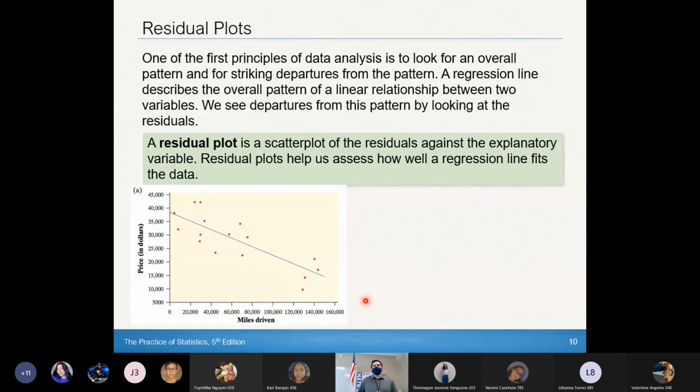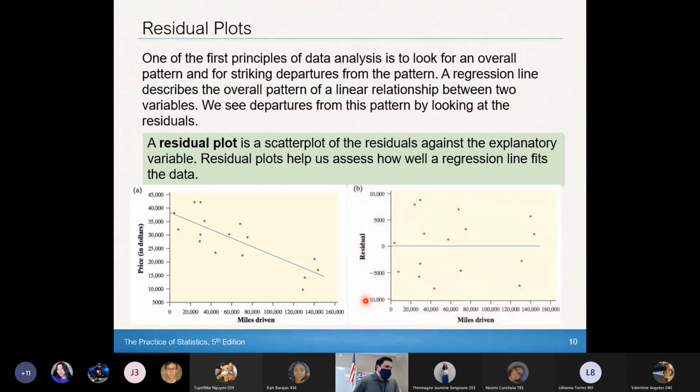So here we have the same scatter plot with our miles driven versus price and our regression line drawn through the scatter plot. Here is the residual plot that has the 0 horizontal line representing no distance between a point and the regression line. And our scatter plot points represent how far away each point is compared to the regression line.